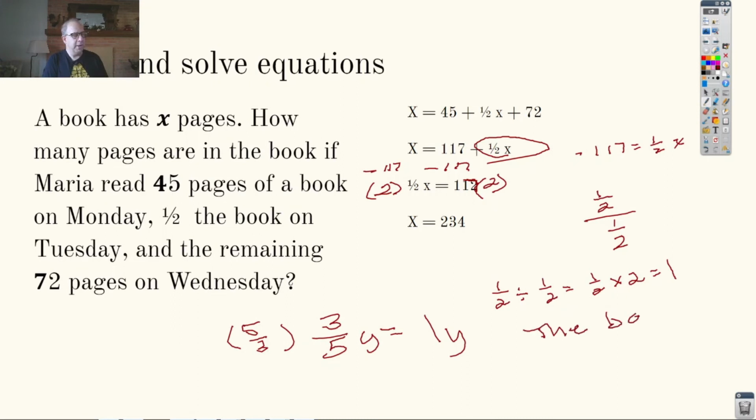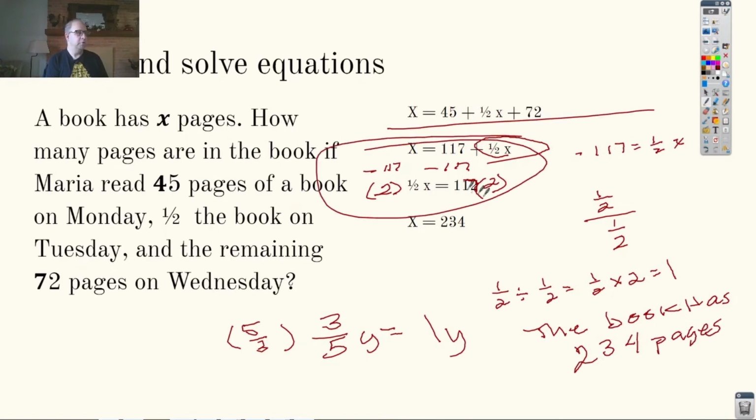The book has 234 pages. Okay, so we need 1, 2, 3 for the full credit on this answer.